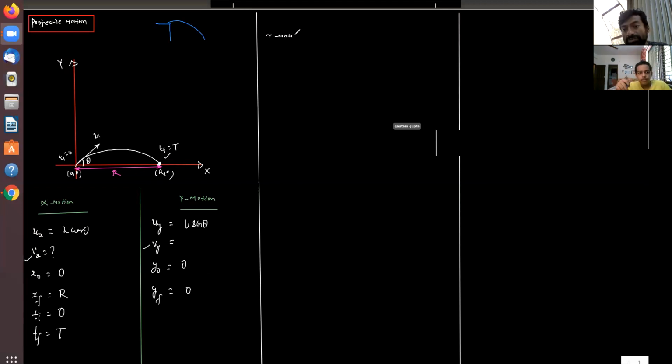So for x motion, we have these equations. The equations are vx equal to ux plus ax into tf minus ti. This is a motion with constant acceleration, right? And we have x is equal to x naught plus ux into tf minus ti plus half ax into tf minus ti whole square, right?